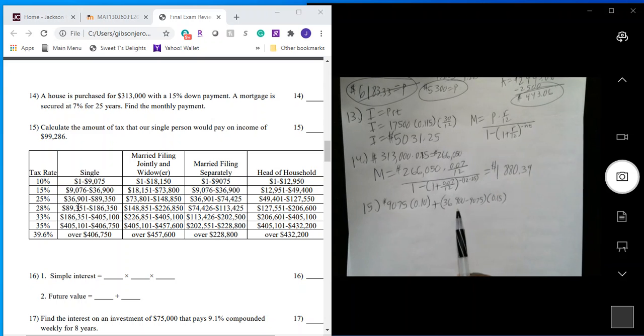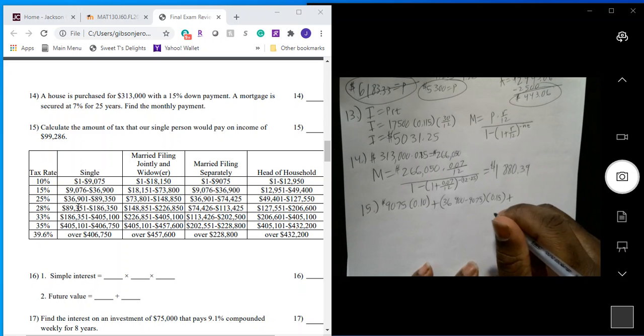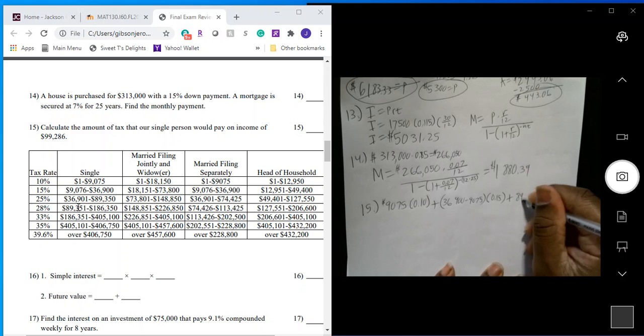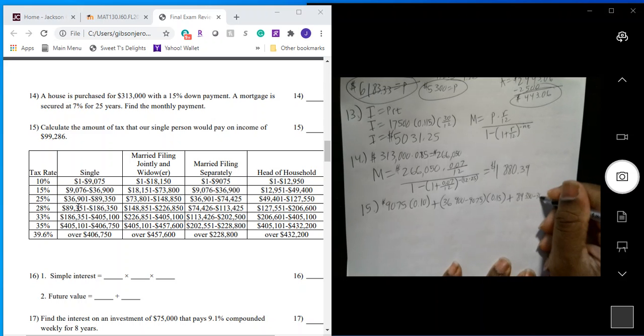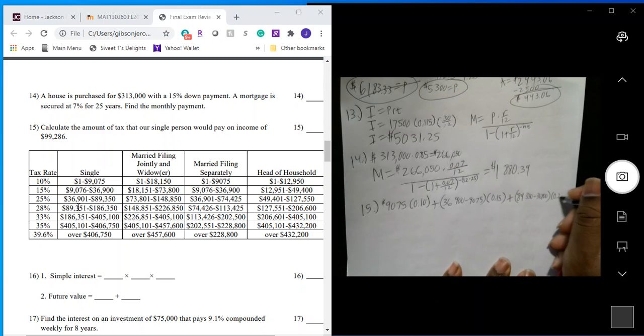Now, the reason why we subtracted out the 9,075 is because 9,075 had already been taxed at 10%. So you need to subtract that out of this 36,900, or you would be paying twice the tax. Then plus, we would have the $89,350 minus the 36,900. Then that'll be at the 25%.